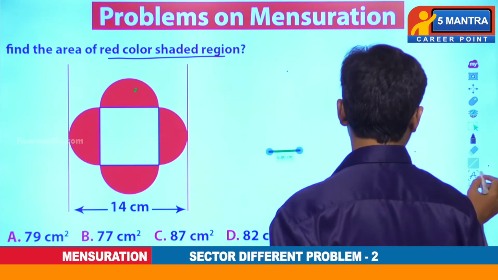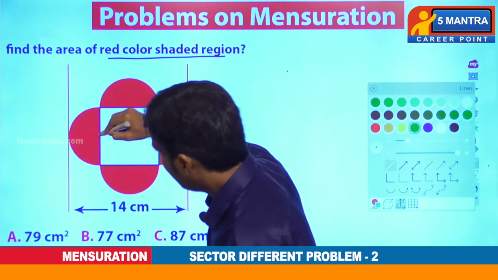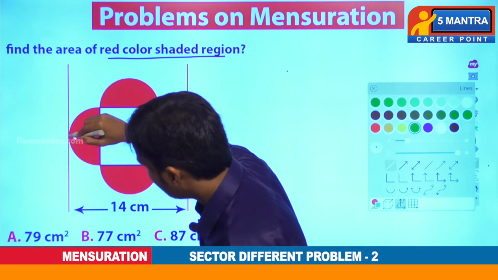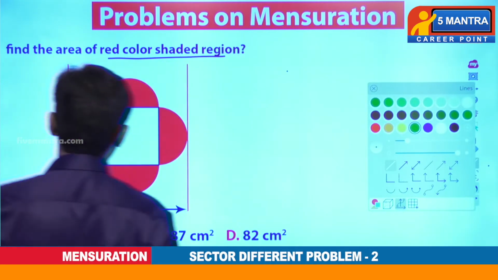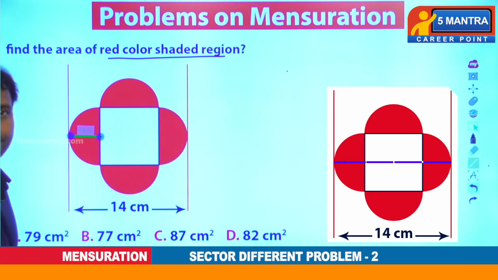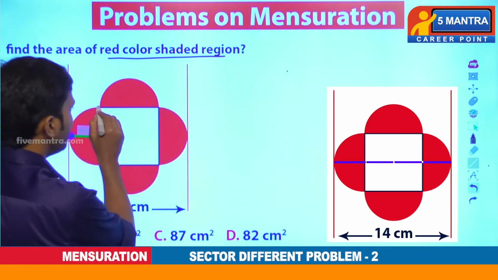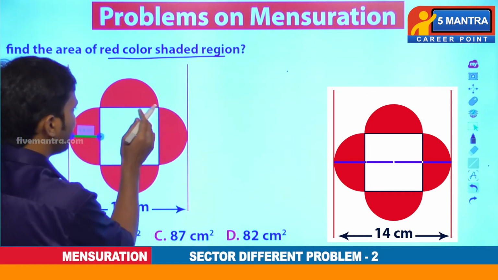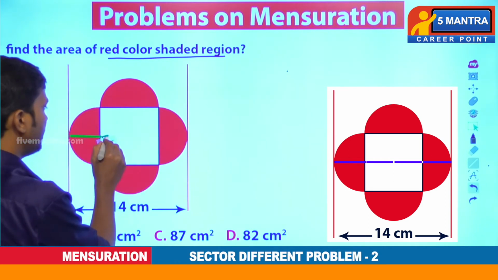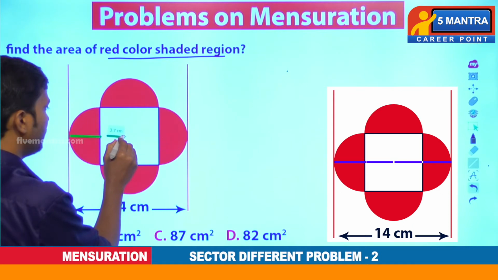See here, if this is a semicircle, then is this a radius or not? Now again this is a radius and this is a radius. This full length is a diameter or not? So this is a combination of 2 radii.